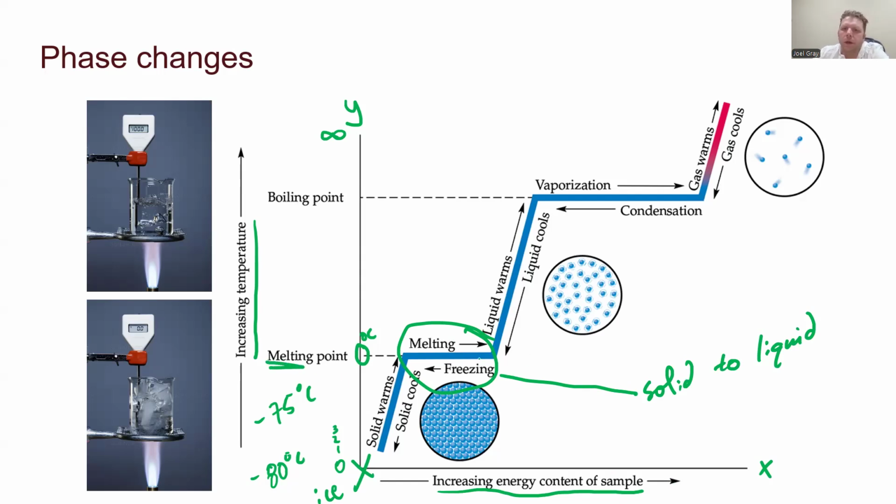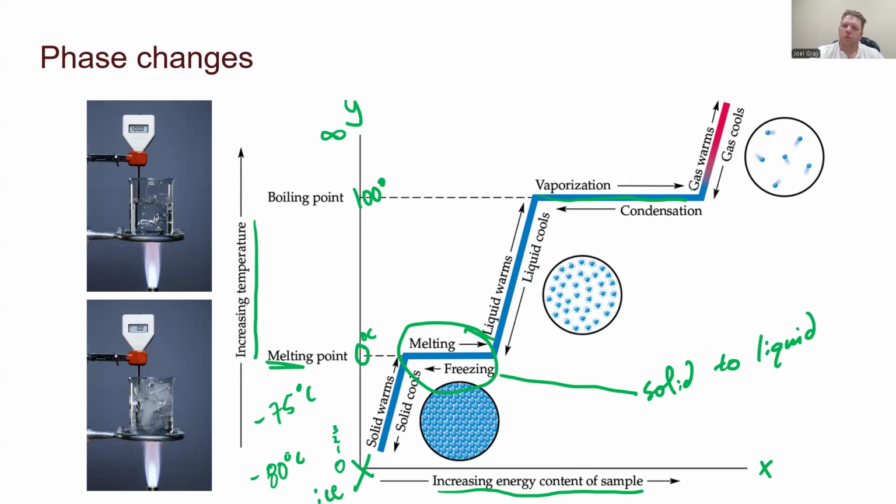Okay, then whenever we have that liquid, we continue heating it up and we're going to hit our boiling point, which is 100 degrees Celsius. Water doesn't spontaneously turn to gas at 100 degrees Celsius because we have all of that liquid that has to undergo that transition.